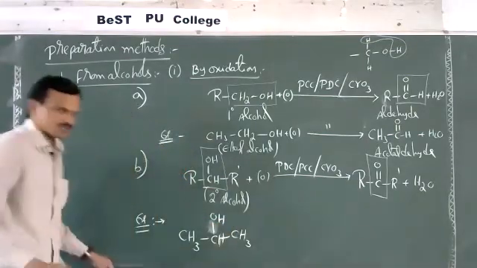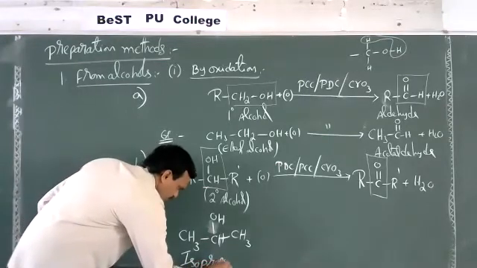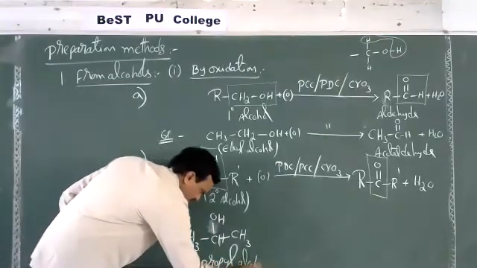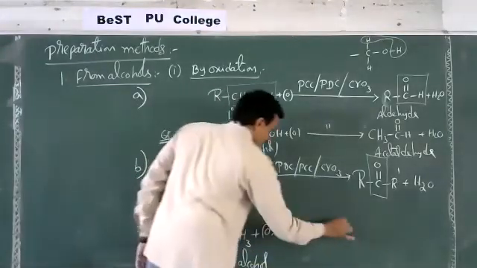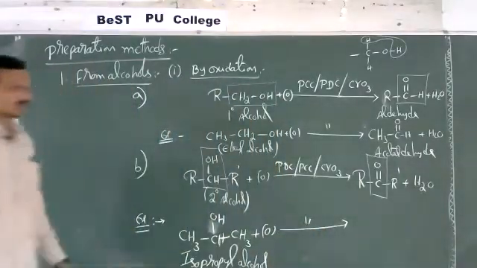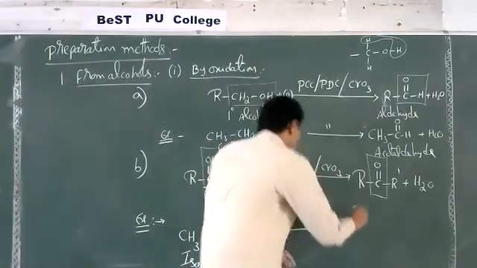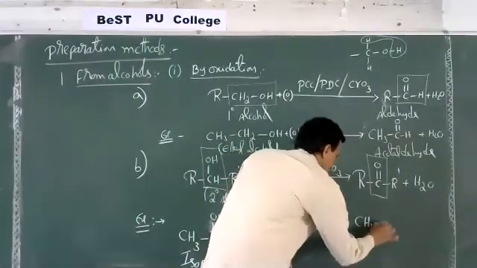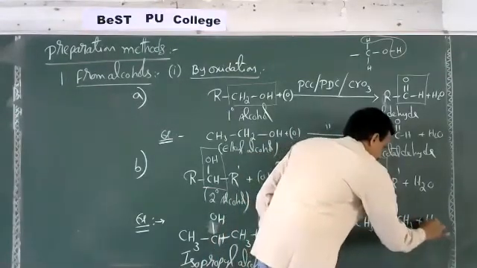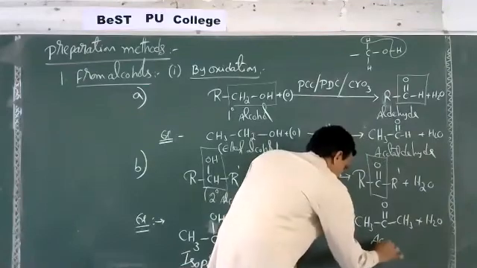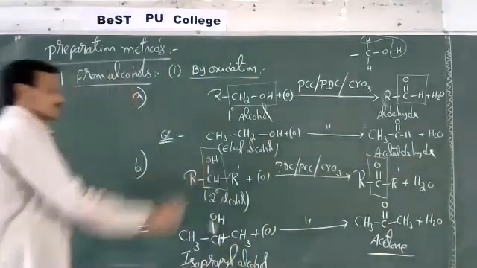This is isopropyl alcohol, and this isopropyl alcohol on oxidation with the same PCC or PDC or CrO3, then what you'll get here? CH3 CO CH3 plus H2O, nothing but acetone. Acetone will be formed as the product.